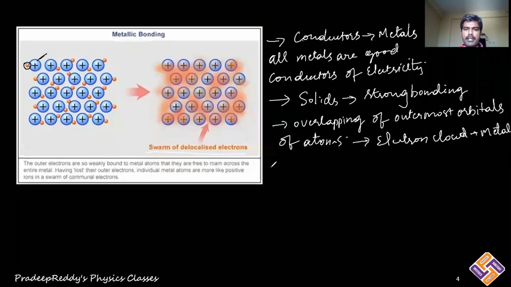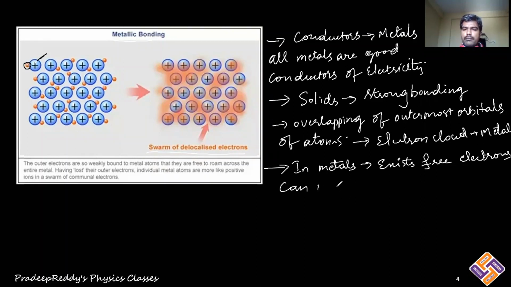conducting material. Therefore, in case of metals, there exist free electrons. Free electrons can move in random directions. They do not have a specific direction.